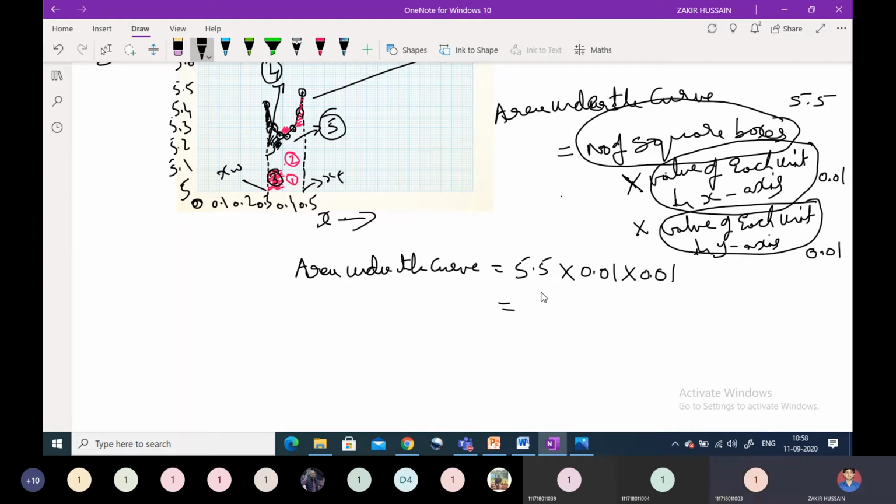You will get around 5.5 into 10 power minus 4. This is the area. So from this, ln, we can put the RHS of Rayleigh's equation as 5.5 into 10 power minus 4.